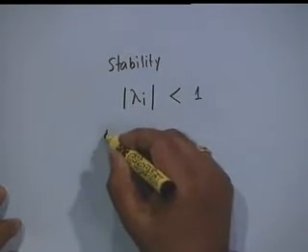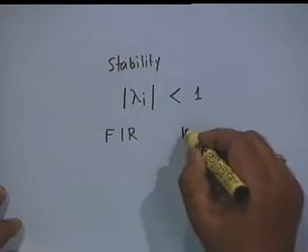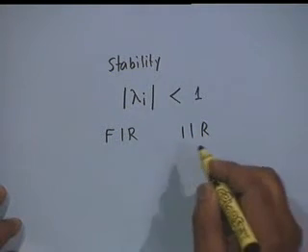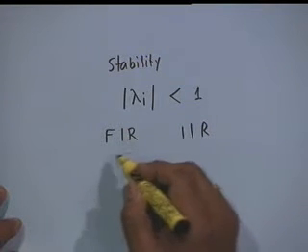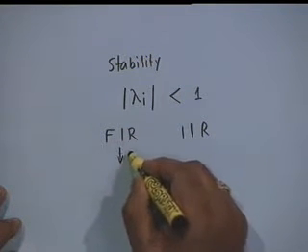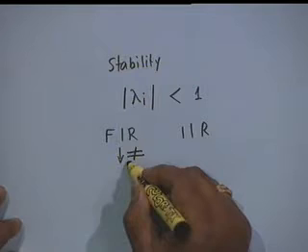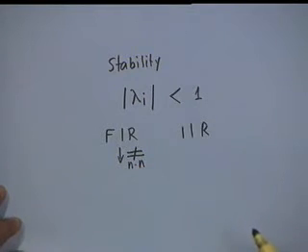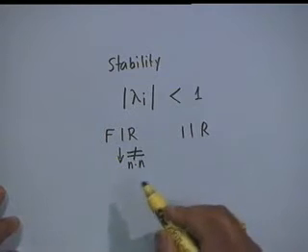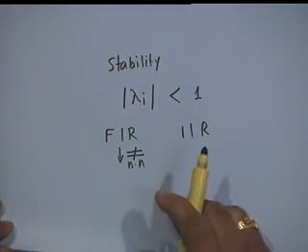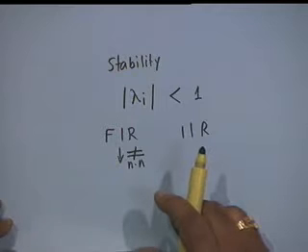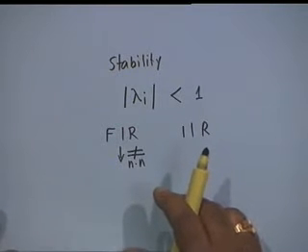Then we discussed FIR and IIR, and we illustrated the fact that FIR is not necessarily equal to, this is the symbol that we shall use, NN stands for not necessarily equal to. Now, I think there are two negatives here.